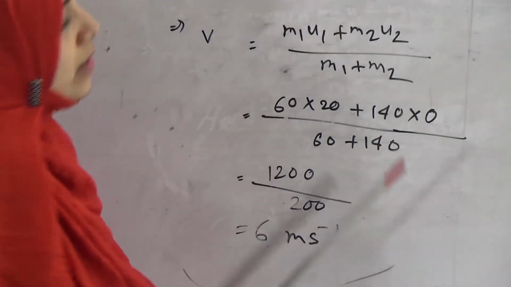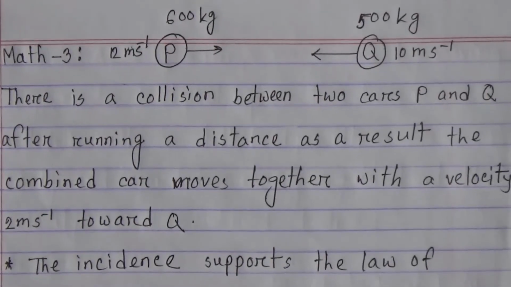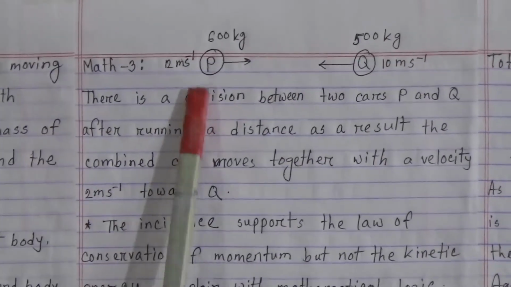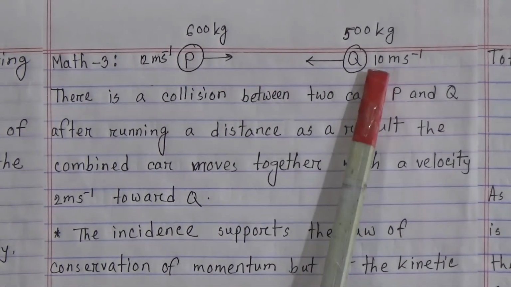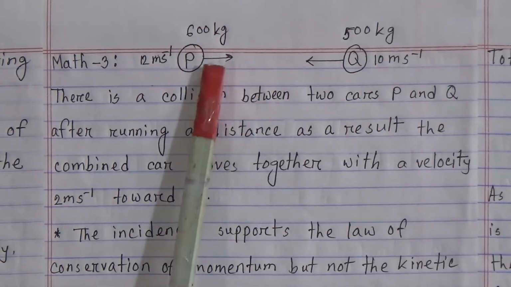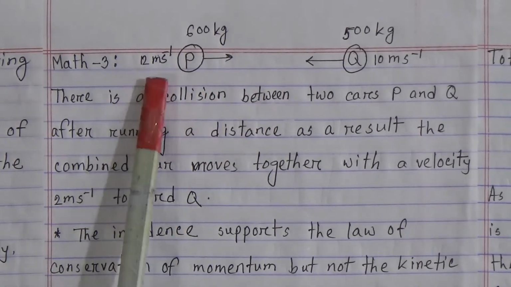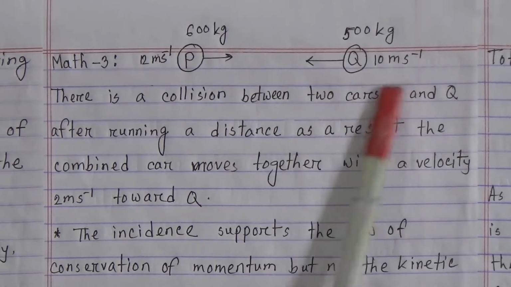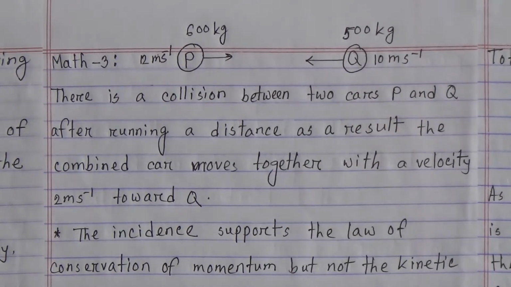This is the answer. My dear students, now come to mathematical problem number 3. See this question. Here, this is object P and this is another object Q. The mass of object P is 600 kg and the velocity is 12 meter per second, and the mass of object Q is 500 kg and the velocity is 10 meter per second.